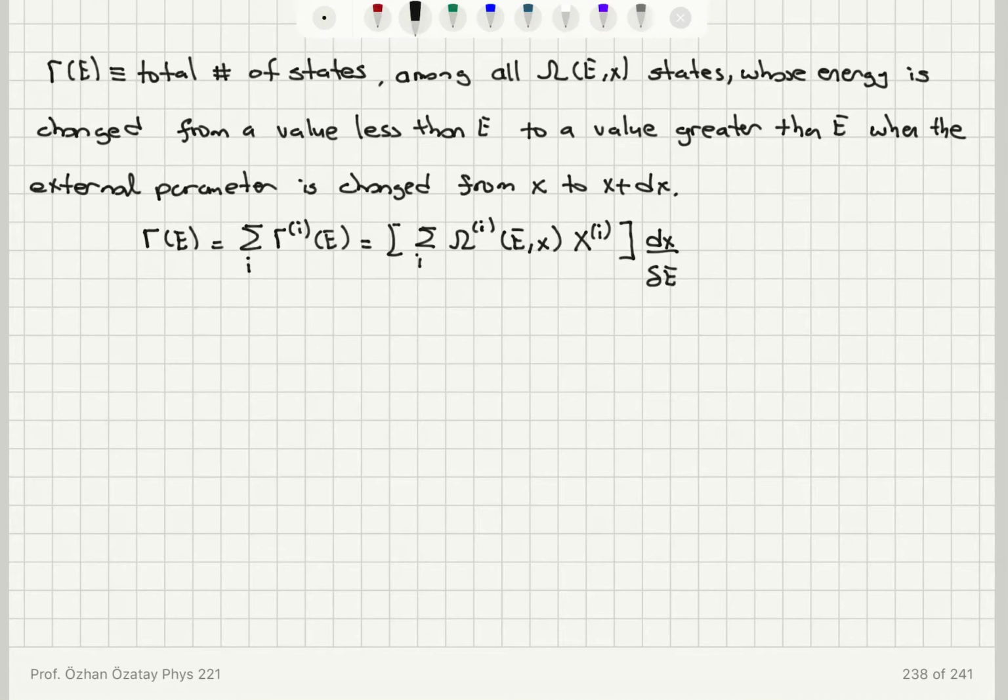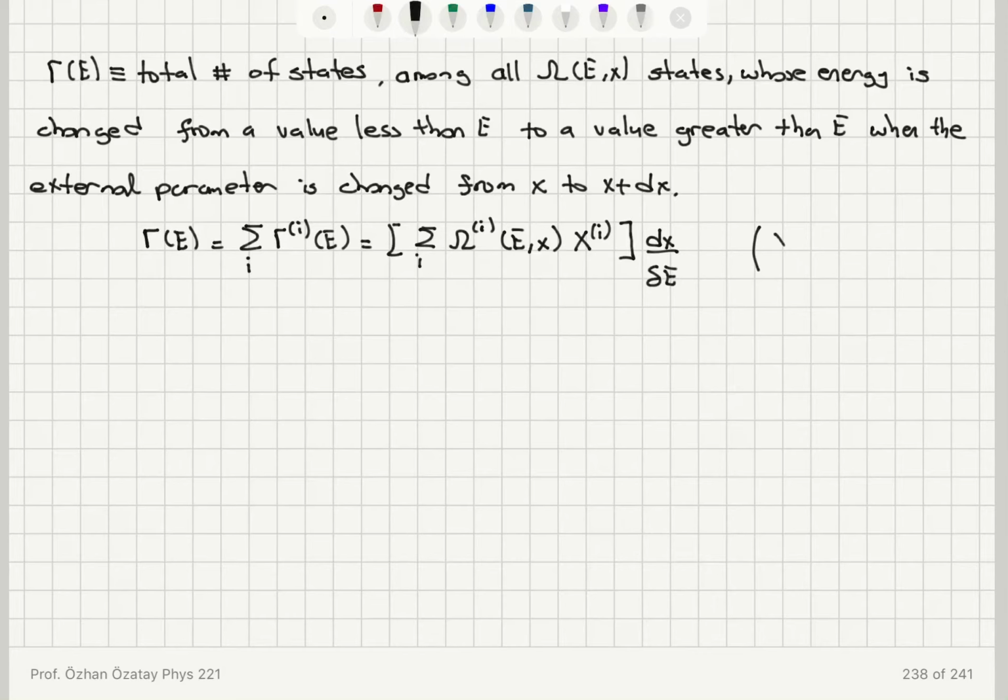I go through all I index values of omega I E x, xi dx, delta E. Delta omega I divided by delta E was the number of states per energy, multiplied by xi dx, which was dE.